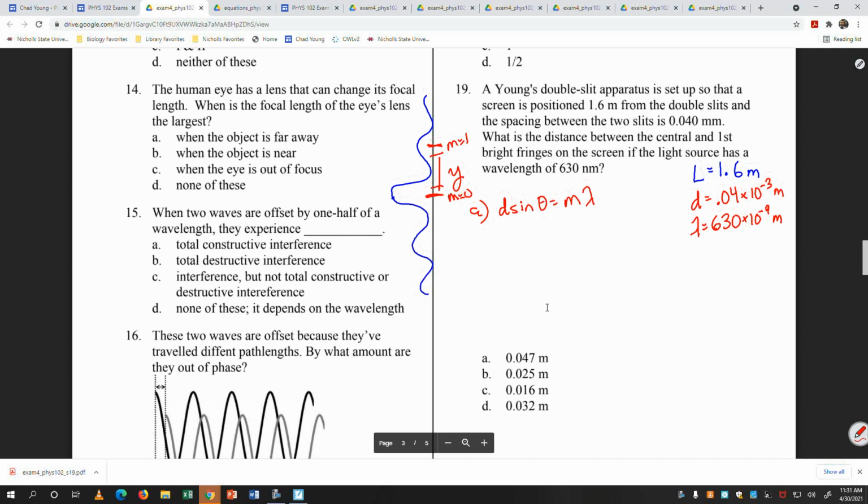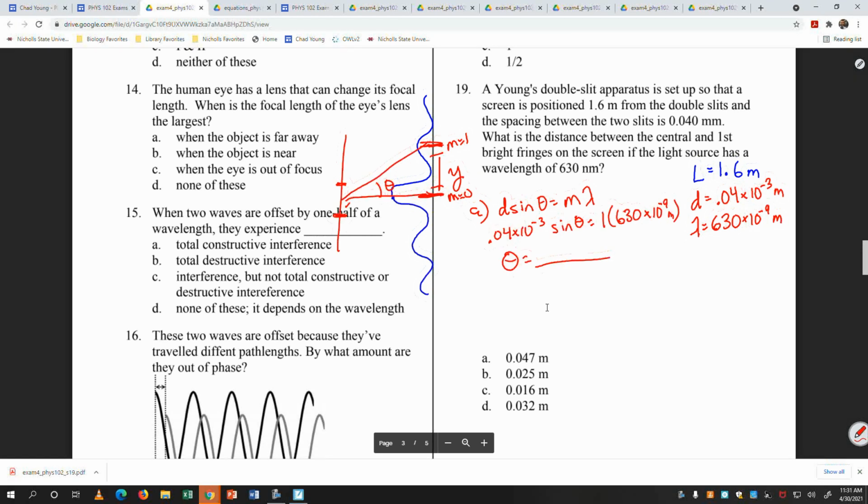Sine theta equals... m is 1. I use 1 because I'm looking for the distance from the 0th order to the first order. So I want to know what is this angle right here. There's my double slit here and here. I want to know that angle theta, and that's the angle theta to the first order fringe. Times lambda, which is 630 times 10 to the minus 9 meters. And then I solve that for the angle theta.